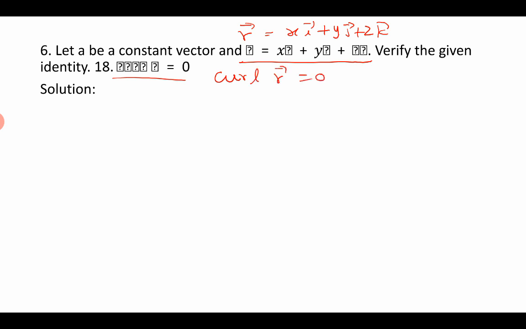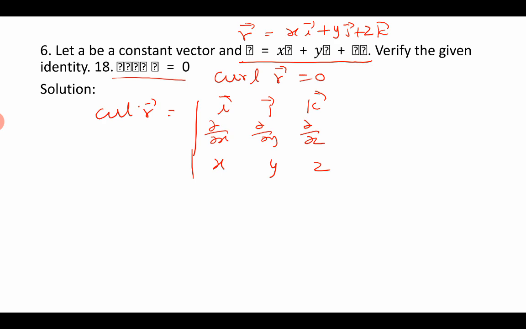So very easy, you can use the formula for curl. I, J, K, and this is dou by dou x, dou by dou y, dou by dou z. The components of R are x, y, z. So for I, use this.